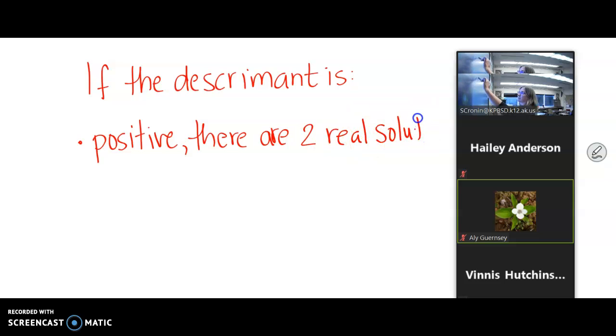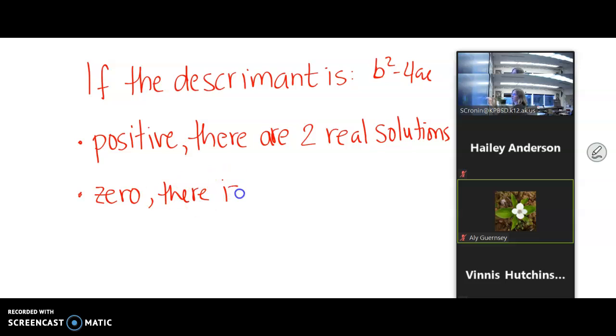So in order to tell the type of solutions, you can just look at the b squared minus 4ac. Let me write that down again. If it's positive, there are two real solutions. If it's equal to 0, there is one real solution.